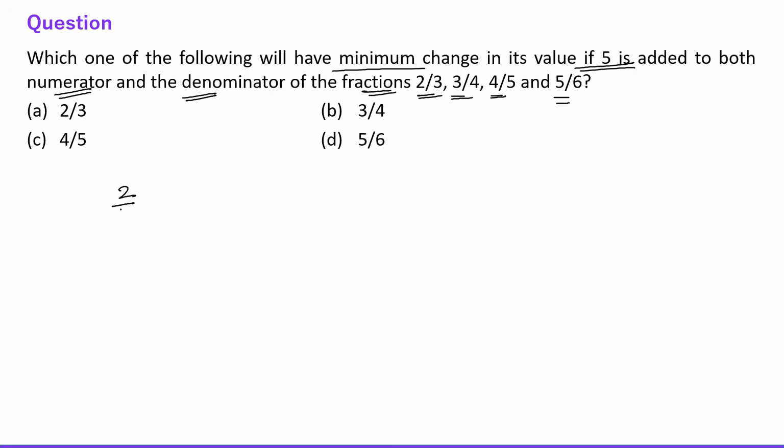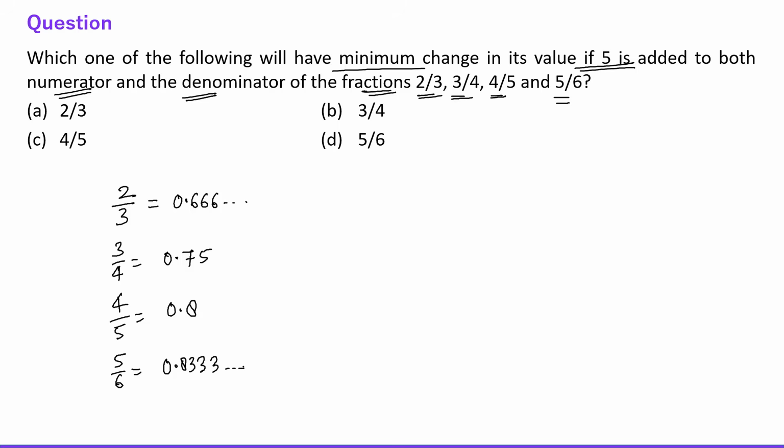So the first fraction is 2 by 3. The value of 2 by 3 is 0.6666, the value of 3 by 4 is 0.75, the value of 4 by 5 is 0.8, and the value of 5 by 6 is 0.833333.